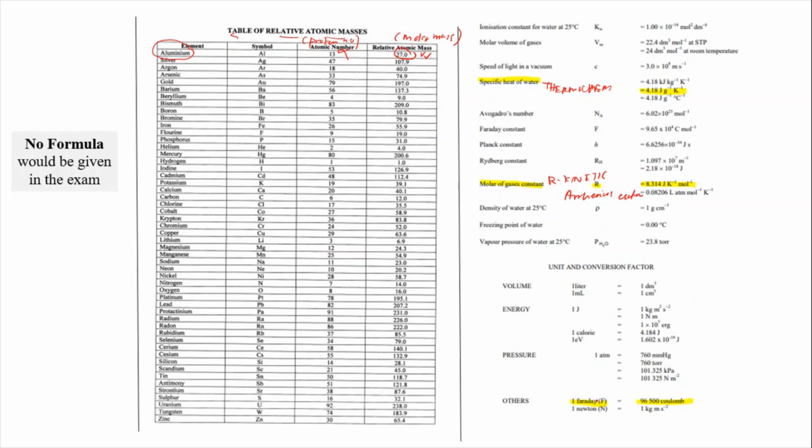Meanwhile, the Faraday, 96,500 coulombs, you will deal with in the chapter of electrochemistry. So some of the information you require is given in the booklet, and you can always refer back at the front. These are the three important ones in my opinion. By understanding this, let us go straight to the question.